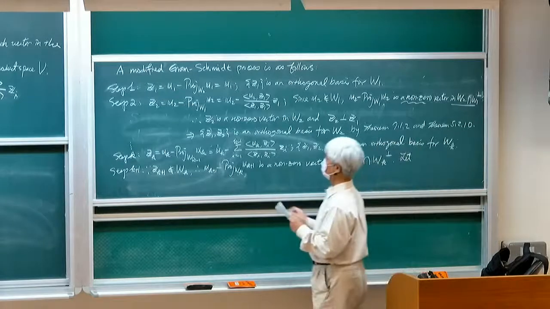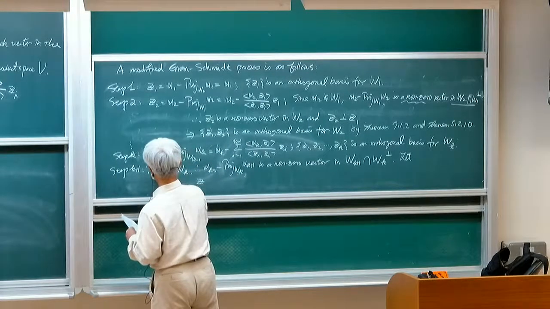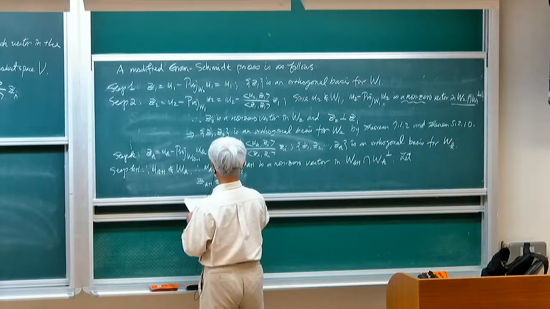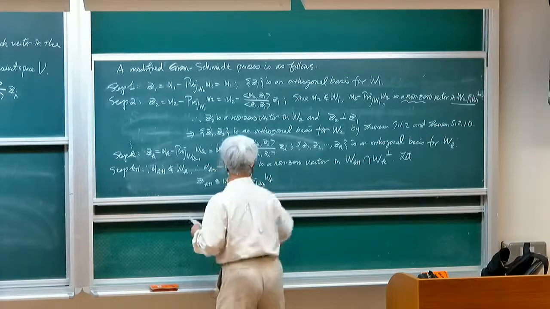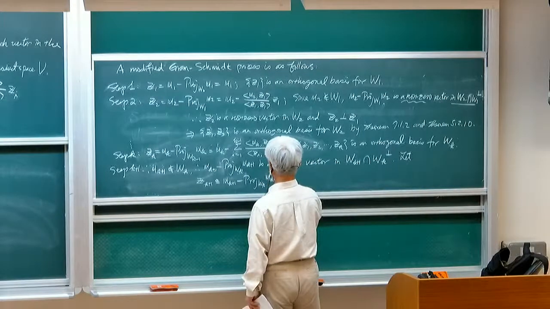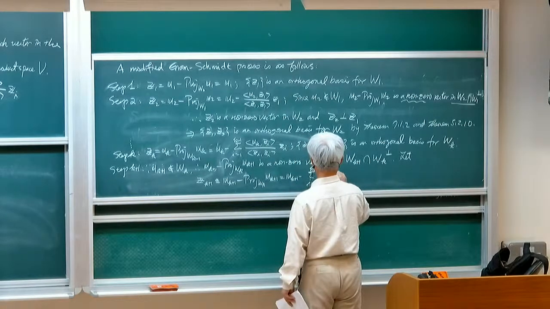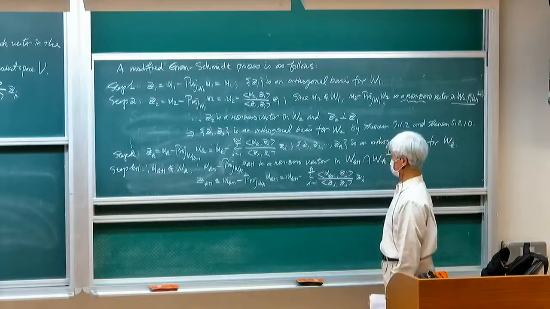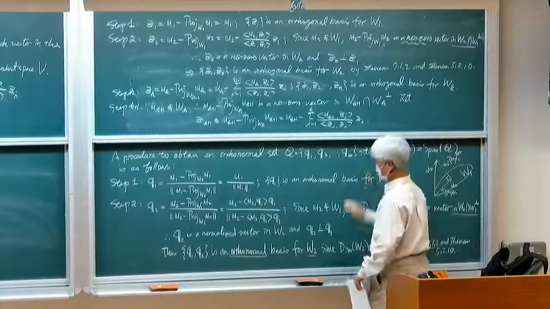All right, and so we define ZK plus 1 to be U sub K plus 1 minus this projection, which we know is equal to this vector.